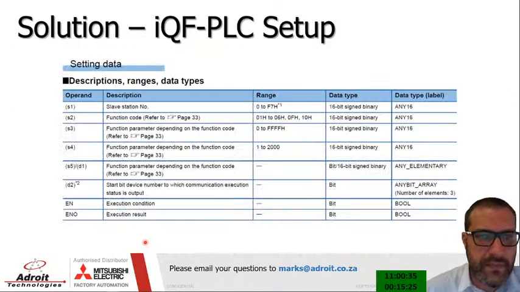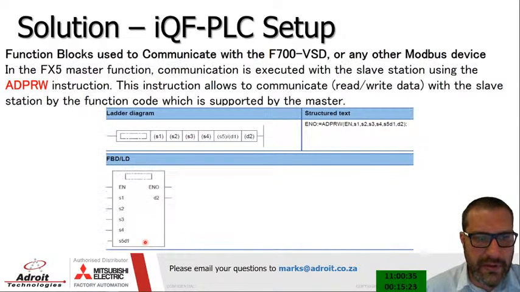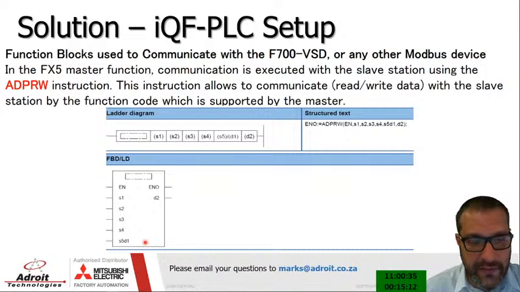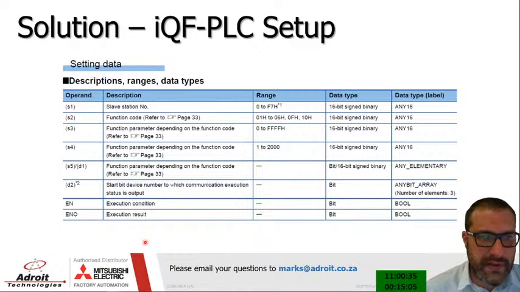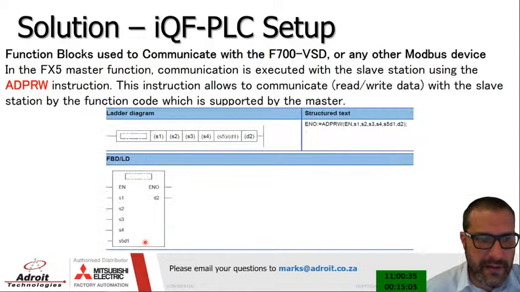So setting up that port, if you have a look at that function block diagram, you can see on the left there, that's enable, S1, S2, S3, S4, S5, D1, enable on the outside, enable out on the right hand side, and D2. And this is basically what they stand for. So S1 stands for your slave station. S1, that's where you will set your slave station number.